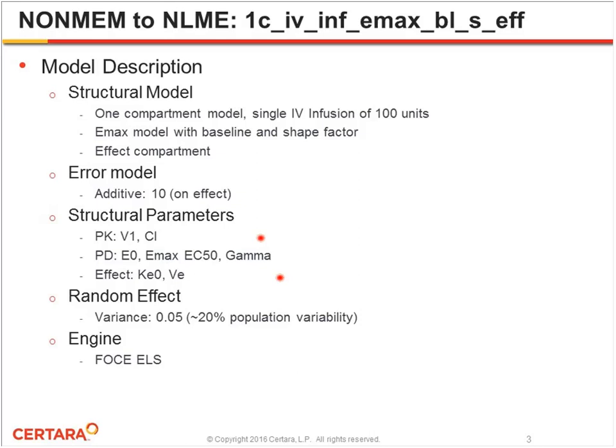So these are the structural parameters. We only have one random effect where we set an initial variance of 0.05, which is roughly about 20% population variability. And typically we use the FOCE ELS engine, which in NONMEM terms means FOCE with interaction. So this is this model in brief.